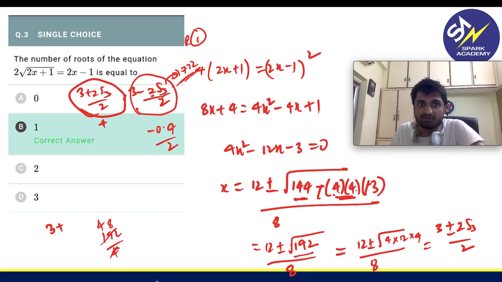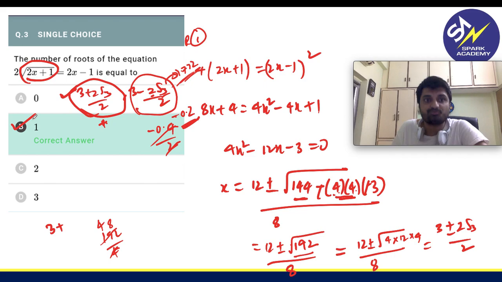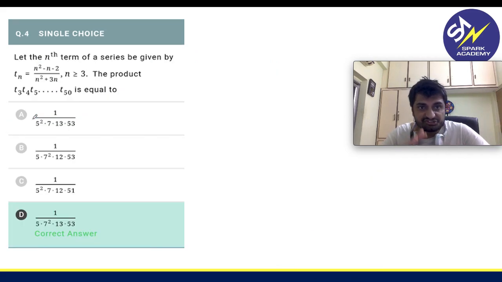If you take minus 0.4 by 2, this will be minus 0.2, right? So this is negative. But you know, the square root is there, so only positive values are possible. So only this root is possible. Option B is your answer. So you have to check which part is giving you the positive value.